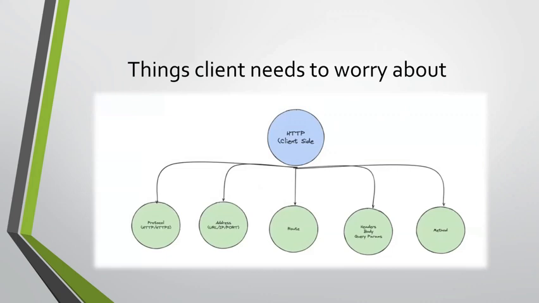That is the main thing. So we must remember two things. Firstly, the things the client needs to worry about. So which things the client should take care of, we will see first.